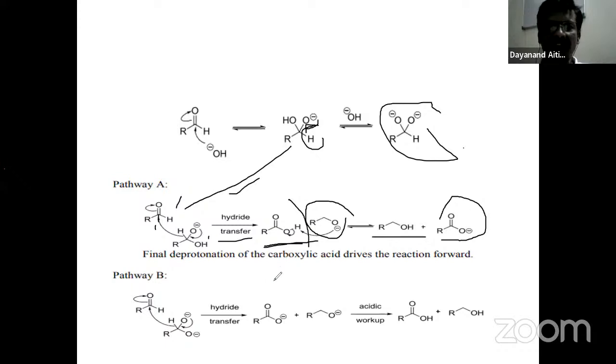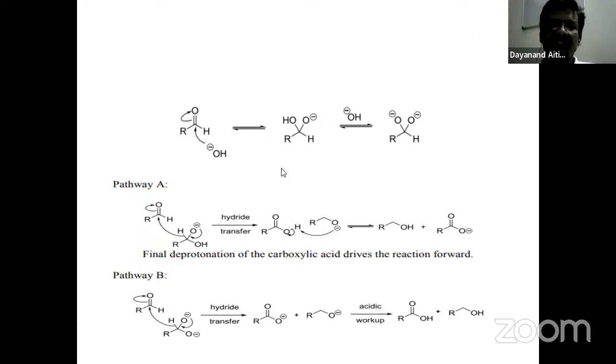This is one pathway, another one is where hydride transfer takes place. But if you use acid in the last step, the carboxylate is converted into carboxylic acid and the alkoxide into alcohol. That is most important. We are not using any acid in the first step.